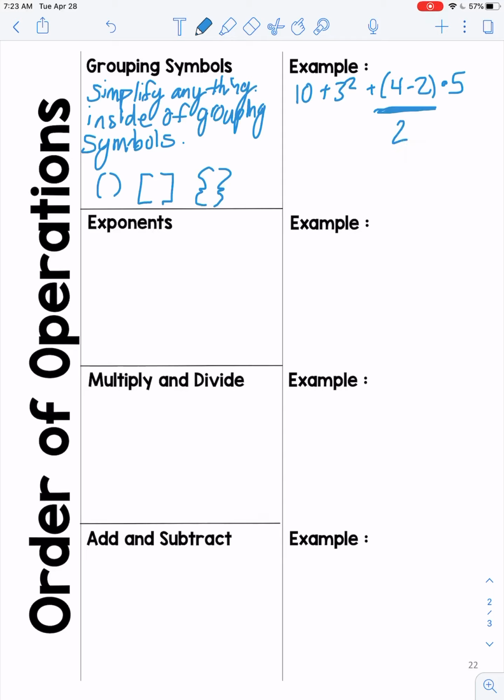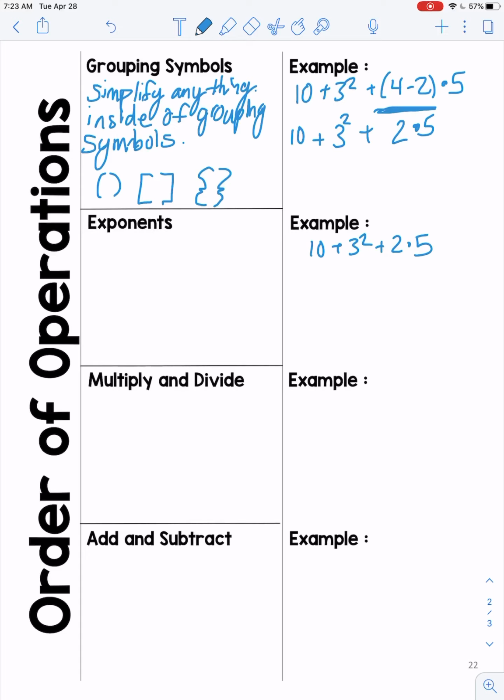When we are working on simplifying expressions and equations, remember we always work down our page. So we put our answer right below, then we drop down the rest of our expression, and we're going to drop it down into our next example as well.